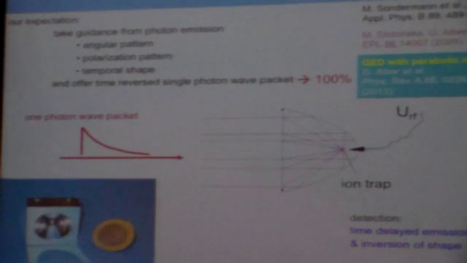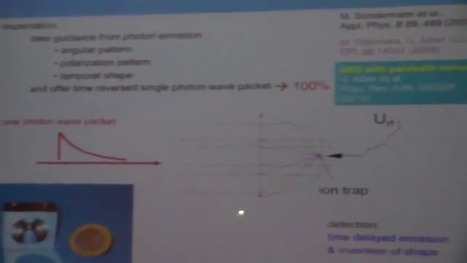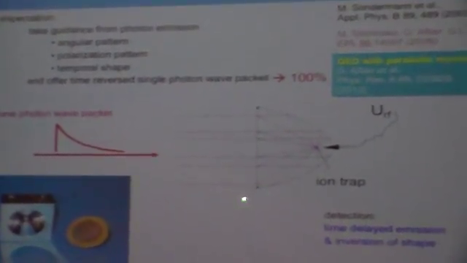So one of my students a few years ago went to Dave Wineland's lab in Boulder, Colorado, to develop an ion trap where all the electrodes are on one side, so that only a very small part of the solid angle is obscured. And now, how do we provide the light field that comes in from all directions? So the natural thing to use is a deep, very deep parabolic mirror. This is this here.